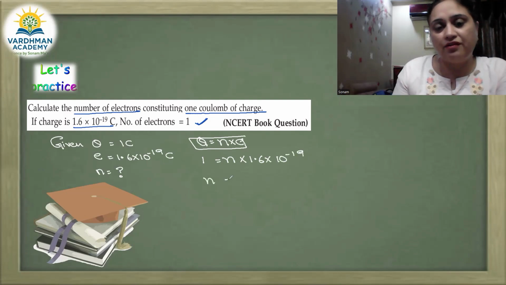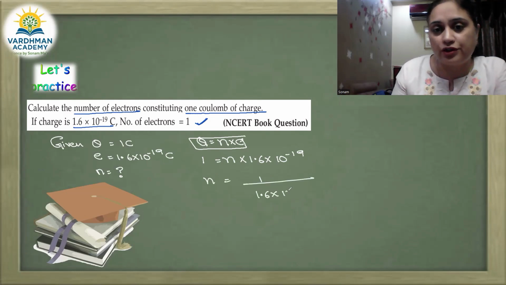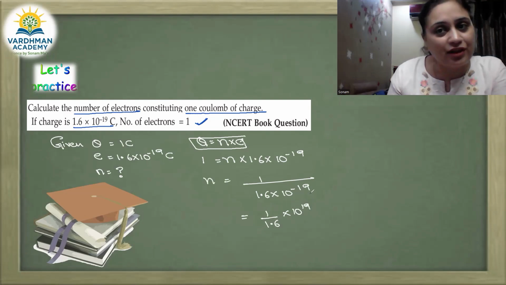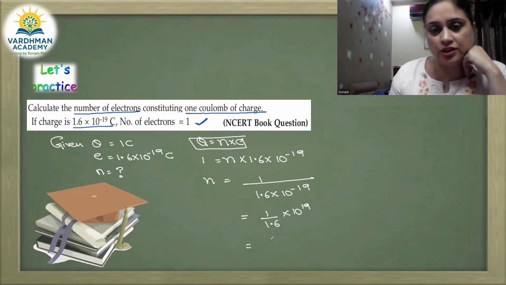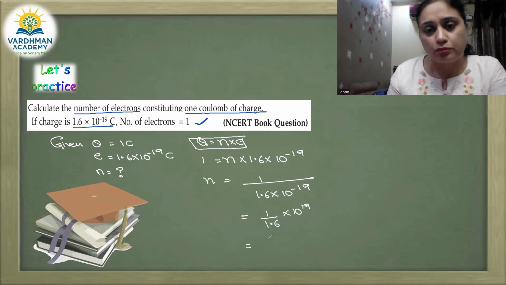So N is given by 1 upon 1.6 into 10 raised to the power minus 19. Right. So that will be 1 upon 1.6 into 10 raised to the power 19, children. Because whenever we have the negative power, we flip it and the power becomes positive. It changes its sign, right? So here you can also write this as 10 upon 16 into 10 raised to the power 19.